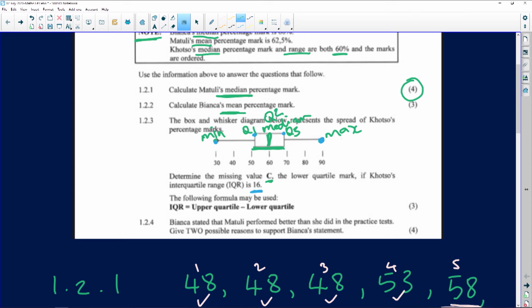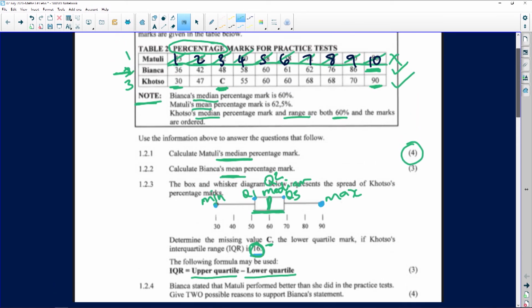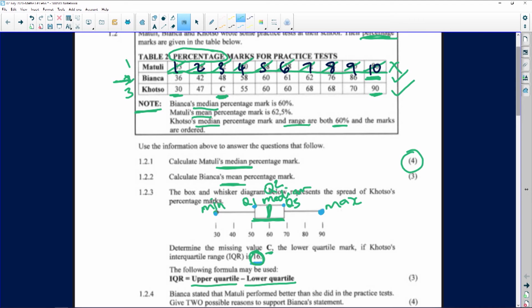So we want to know what it's going to give us. It says upper quartile minus lower quartile, and we've been given this entire range over there. If I look at C, it's important for my information to make sense.